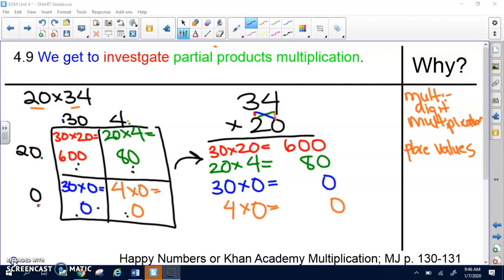What you've done is, once again, separated the digits that you started with into place values, and you've come up with parts of the product. Because when we've separated the digits, you could add these two numbers together. So like 30 plus 4 is 34, right?